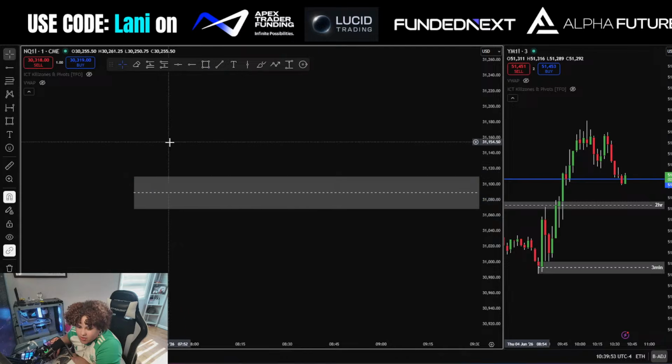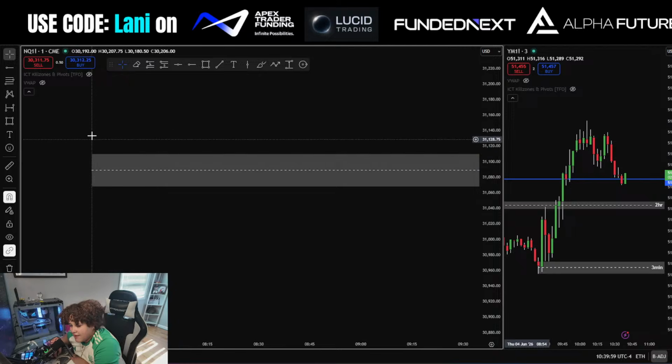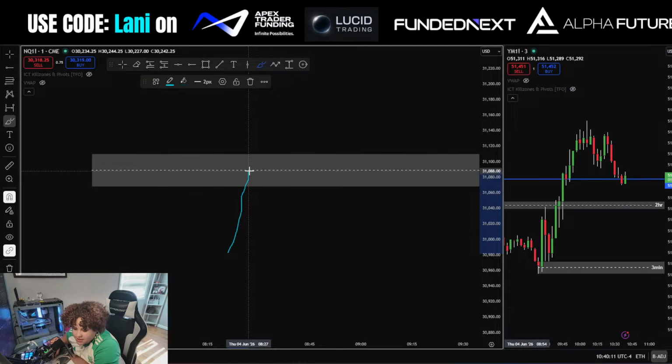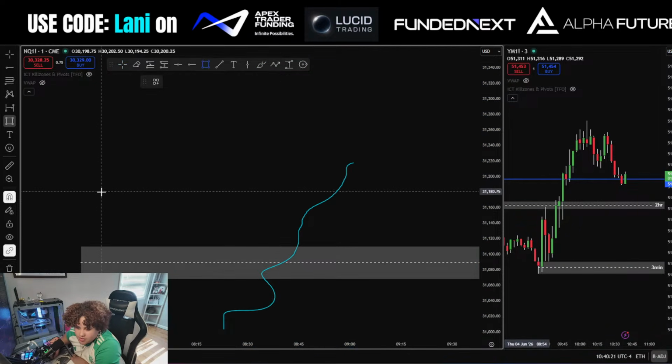Basically, I have this zone here, and I have it grayed out for a reason. I used to have demand green and supply red, but the thing is, let's say this zone here is supply. Usually, people would expect we tap into this and then go down, and that does happen. But sometimes the buying is so strong that it breaks past the zone and goes to the next zone.